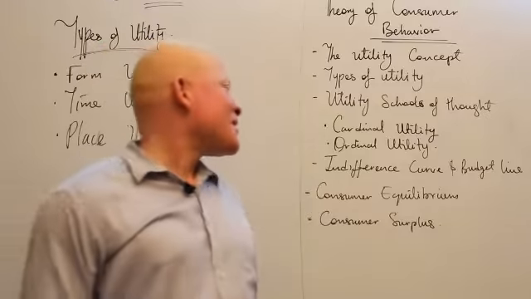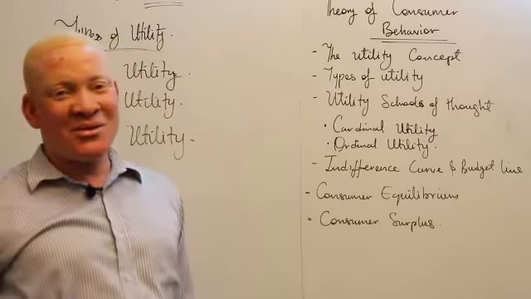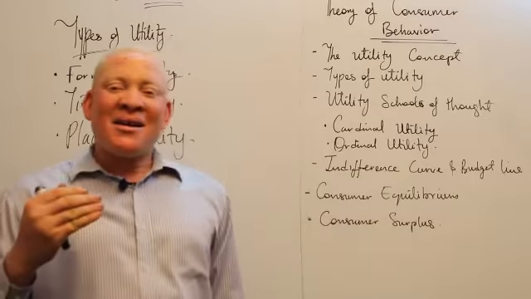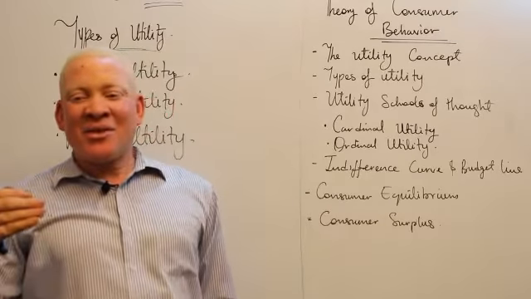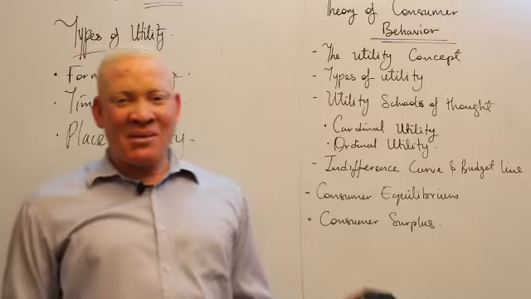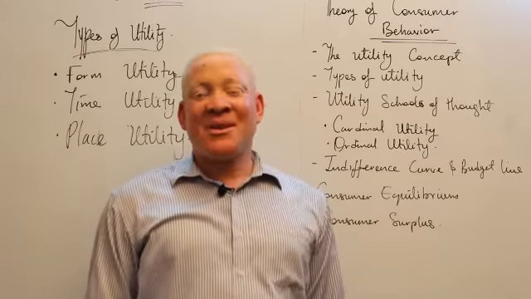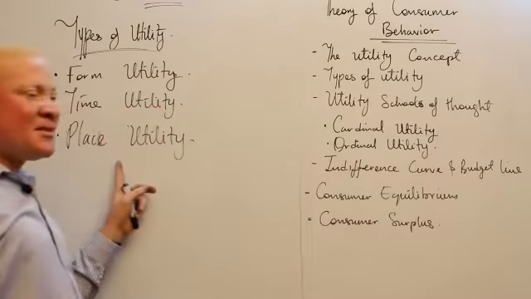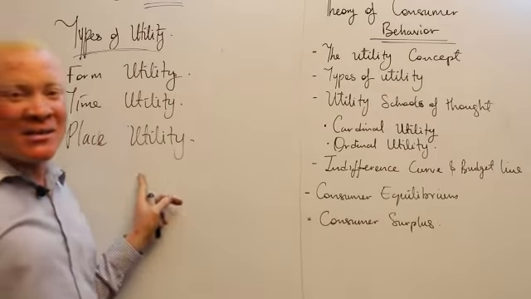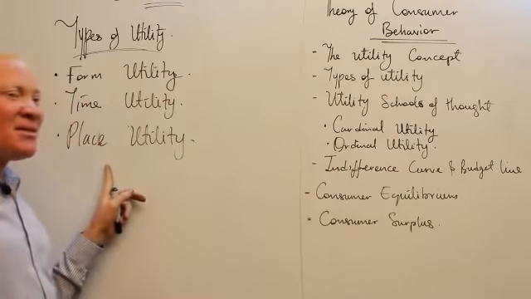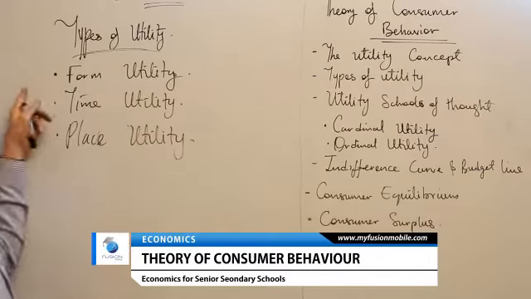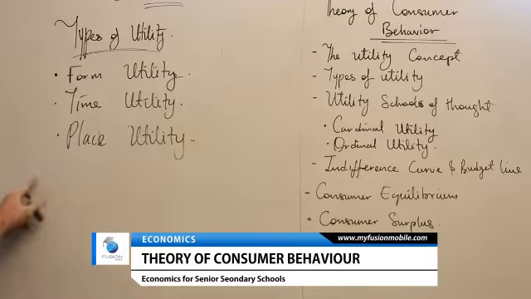A treadmill has little or no use to the seller when it's in the shop, but getting it from the shop to a gym, it becomes useful, and that is place utility. It has been made available at the gym where it can yield satisfaction. So you see, that talks about what? Form, time and place utility, which are the types of utility.